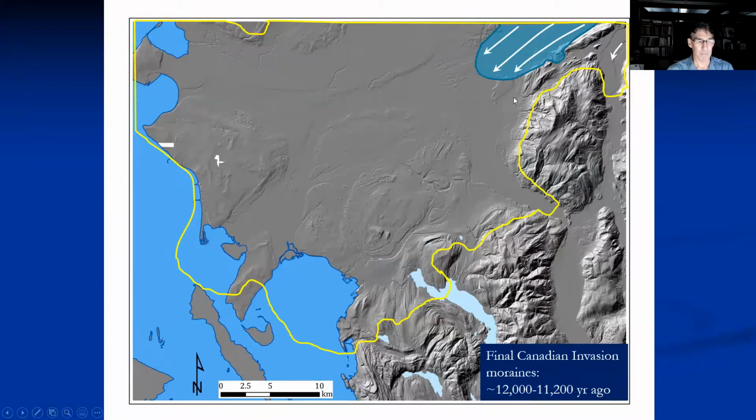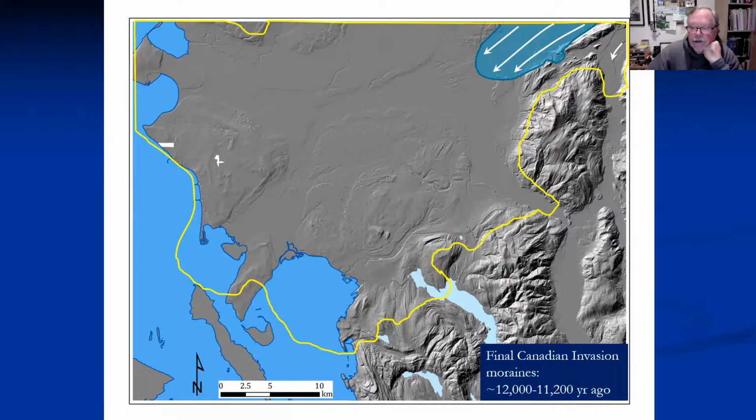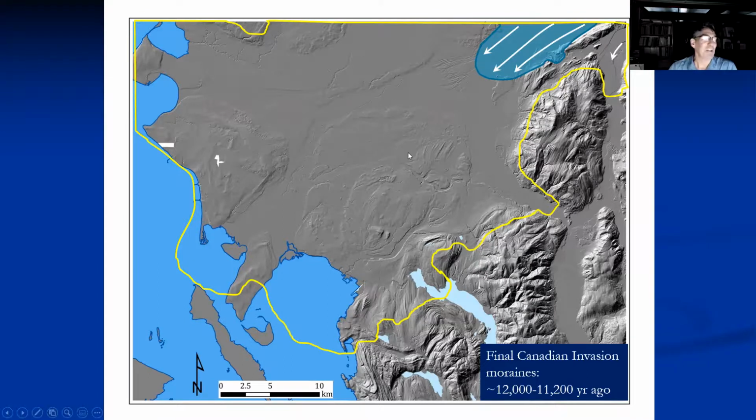Okay, I'll take the next one. John Karachewski says, did the latest glaciers that covered Bellingham flow out of the Fraser River watershed? Yeah, the source of the ice here is a little bit uncertain.